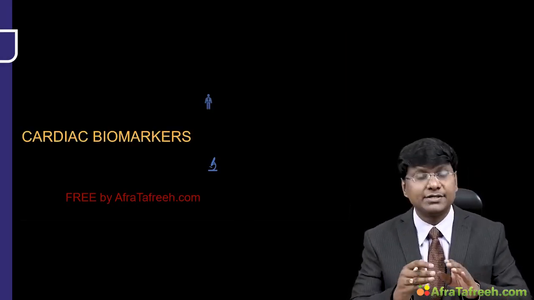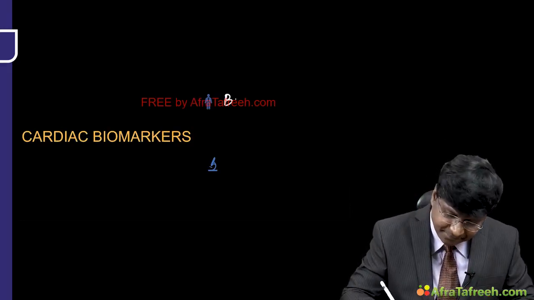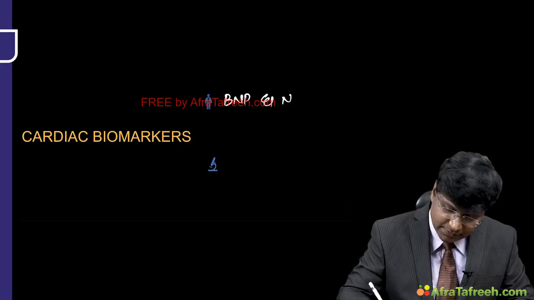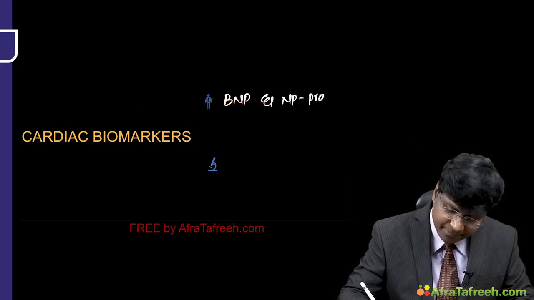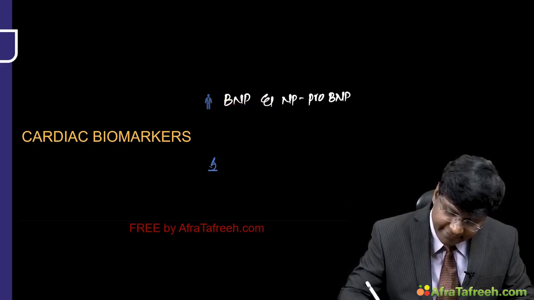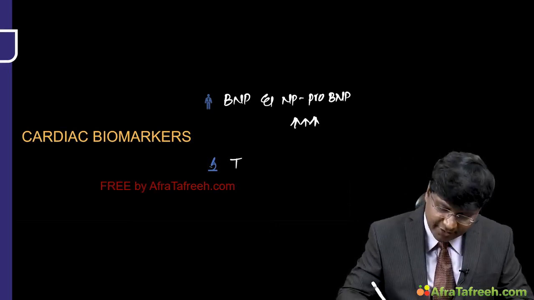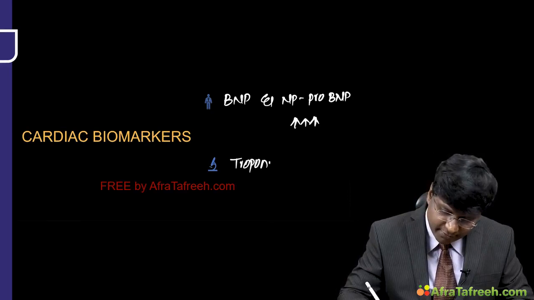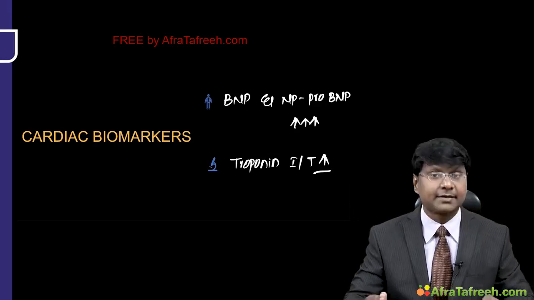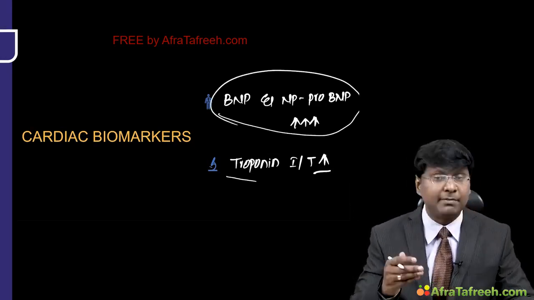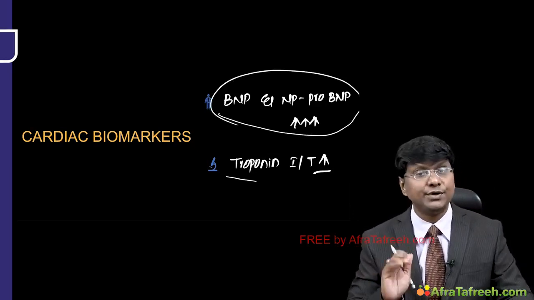See, the cardiac biomarkers which are elevated are BNP and NT-proBNP. They are elevated in higher quantity compared to the troponins. Even troponin is also elevated, right? Troponin I and troponin T, both of them are elevated, but significantly your BNP and NT-proBNP are much more elevated compared to your troponin.